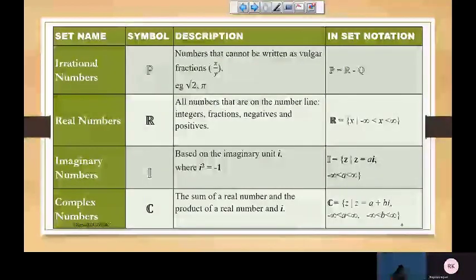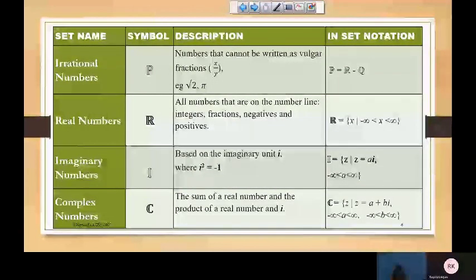Such a number cannot exist, because when you multiply a negative number by itself, the answer is always going to be positive. When you multiply a positive number by itself, the answer is also always going to be positive. So there's no way that you can multiply any number by itself and get a negative in real life.